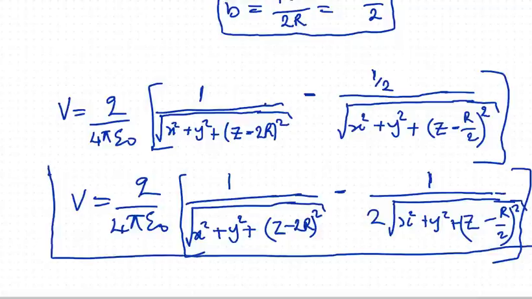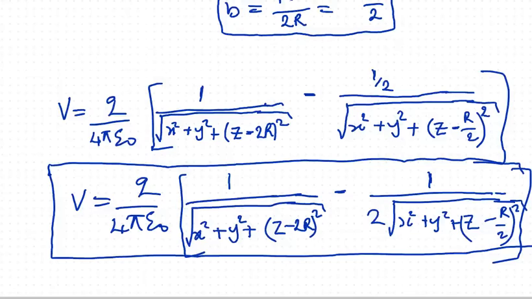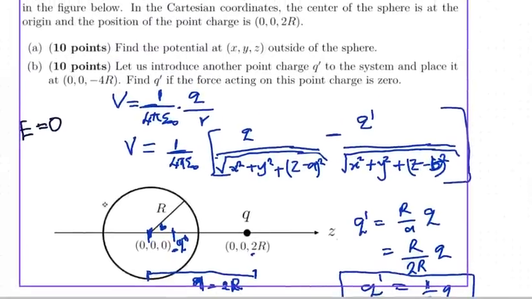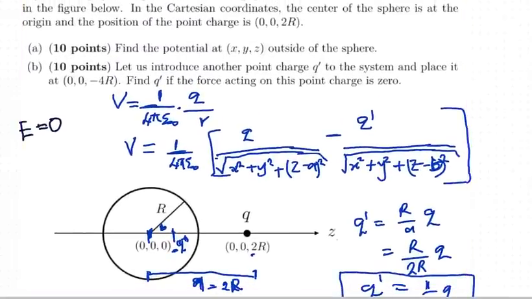This is the potential. For the second part, we're told that an image charge q prime, let us introduce another point charge q prime to the system and place it at negative 4r.